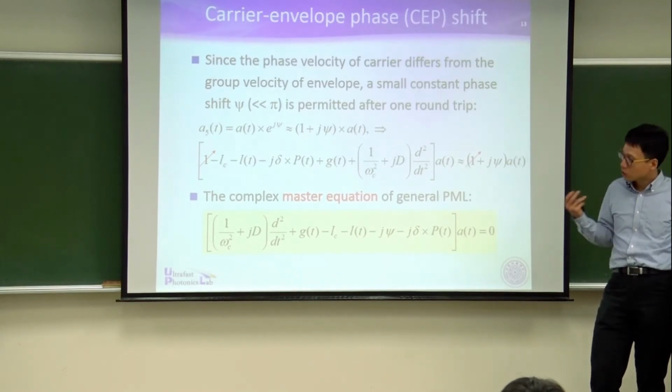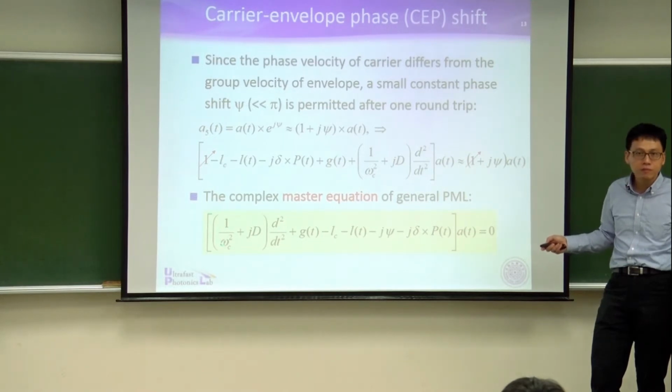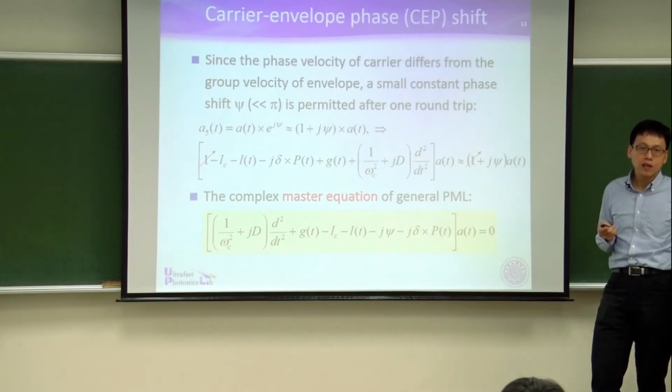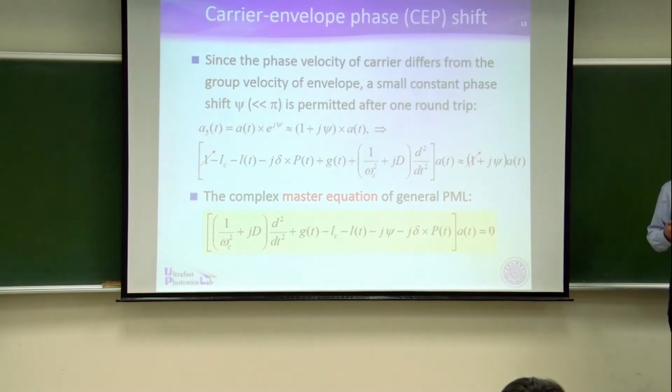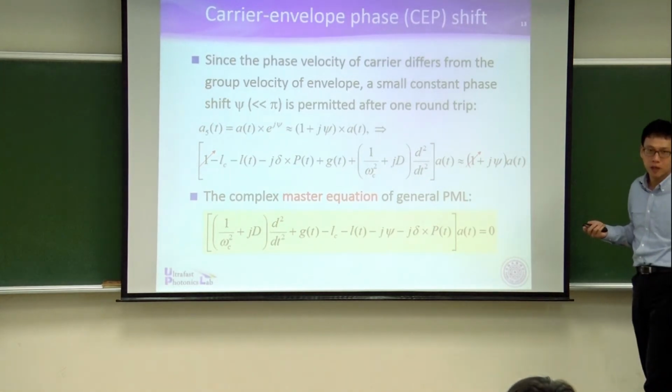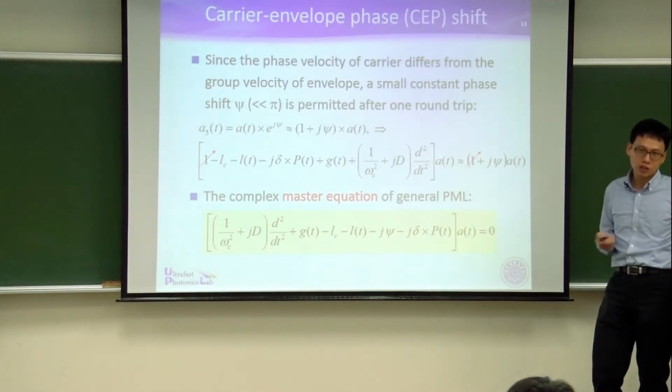So for the same reason, could you identify the physical meaning of this term, 1 over omega c squared with the second order time derivative? The strategy is the same. This term is minus omega squared in the frequency domain. But this is a real part term, right? So it's not about phase modulation, it's about amplitude modulation, and it's proportional to omega squared.